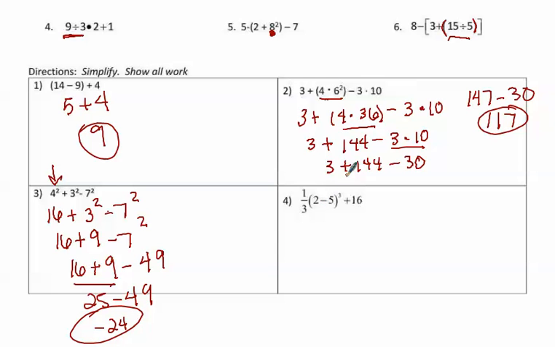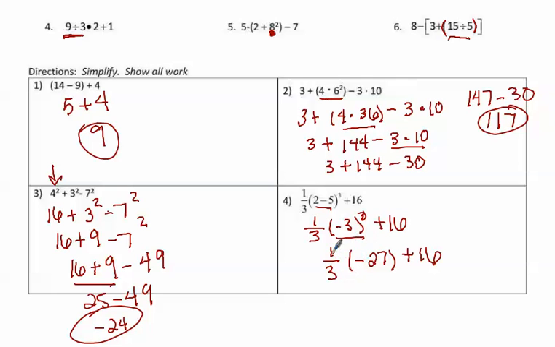Problem 4, you want to do your grouping first, so that's 2 minus 5 to give you negative 3 cubed plus 16. Your exponents are next. So you get 1/3 times negative 27 plus 16.